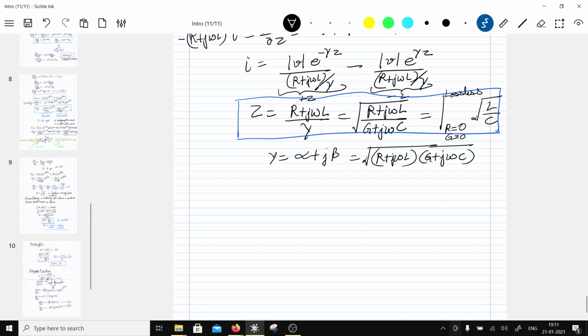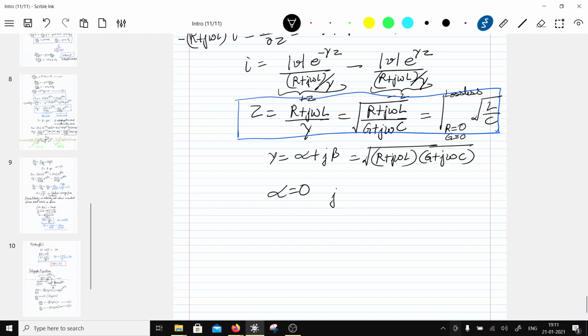Now you can do all kinds of mathematics. So if alpha was equal to 0, then it will be very simple. Alpha is 0 when R is equal to 0 and G is equal to 0, right? Then you will be left with j beta.